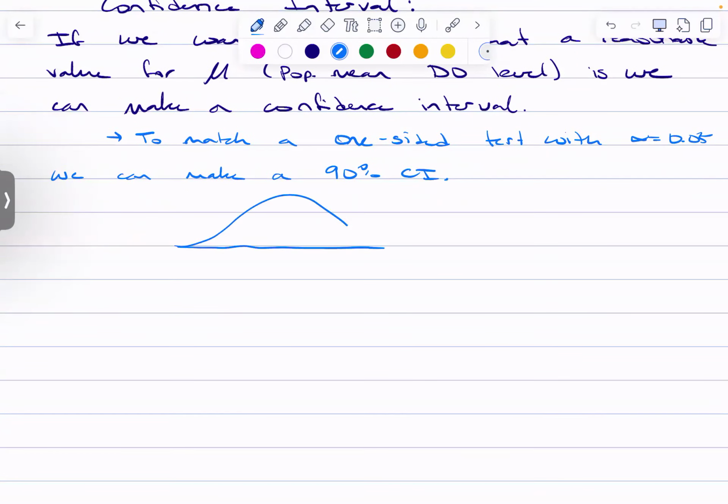Why do I care about that? Because here is my T star. Now, somewhat sneakily, we already know what that value is, right? Because it was the critical value if we wanted to use the critical value approach for our hypothesis test.